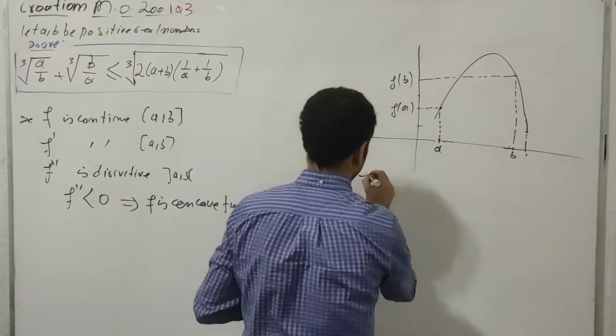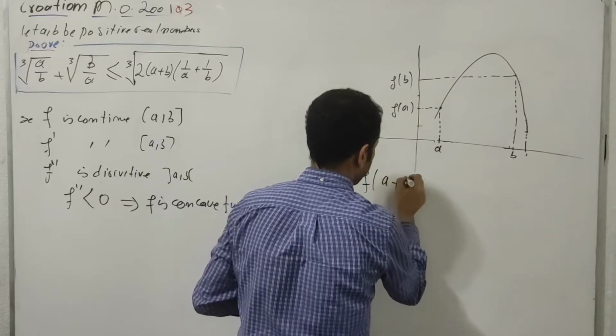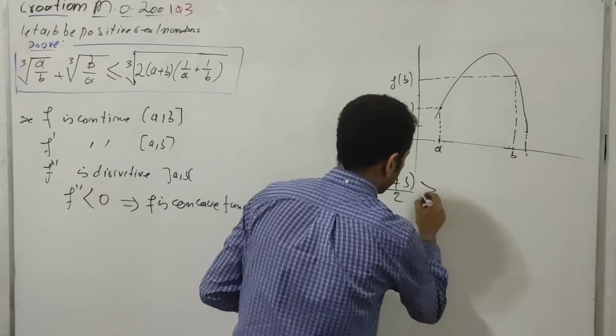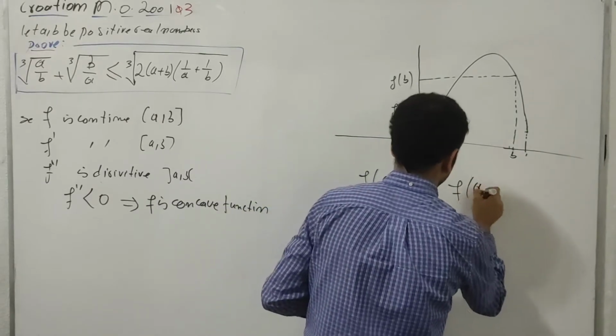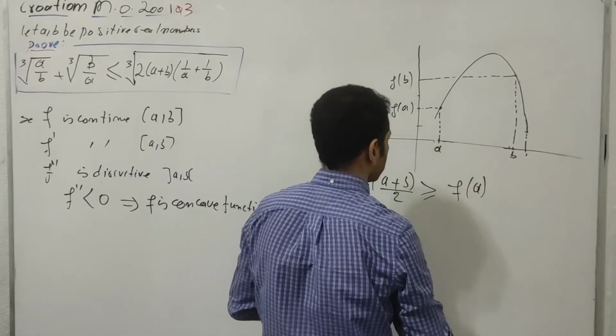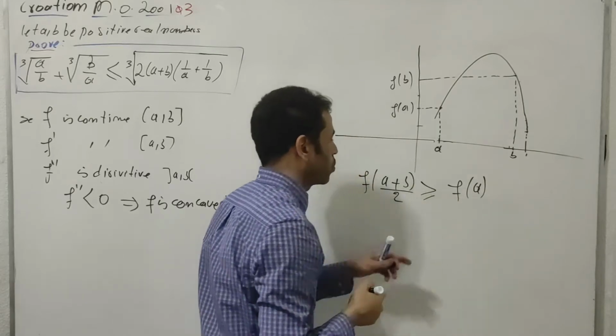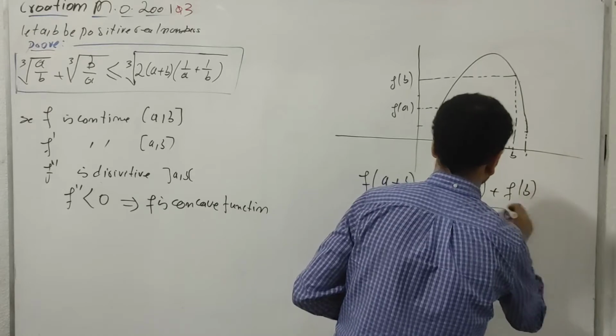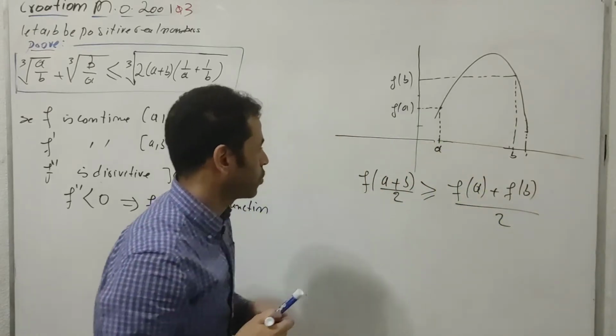Always, f of (a plus b) divided by 2 is greater than or equal to (f of a plus f of b) divided by 2, as an average.